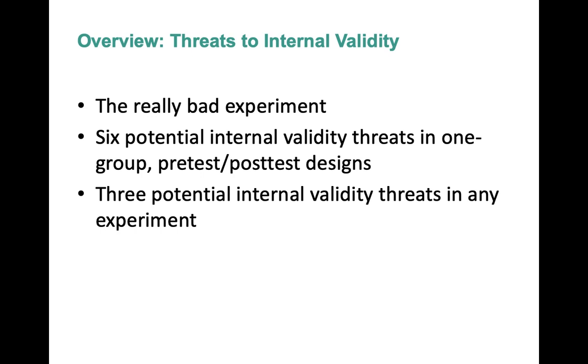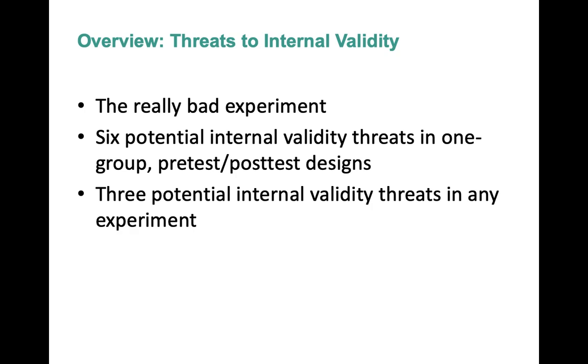So in thinking about threats to internal validity, as Morling discusses in the chapter, 6 of these are really only present in something that she calls the really bad experiment, and this is in a one group pretest post-test design. So typically in an experiment, if you have a pretest post-test, you want to have a comparison group.